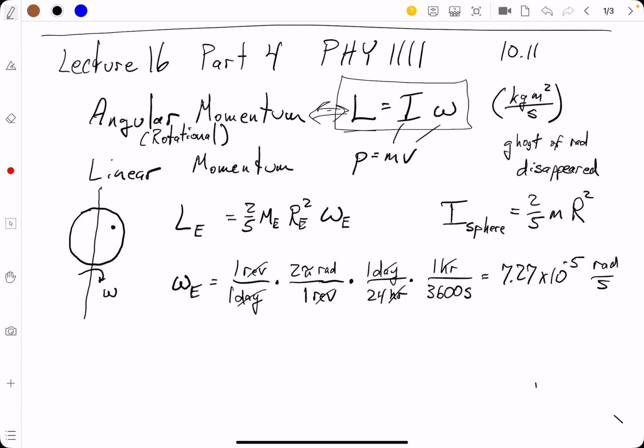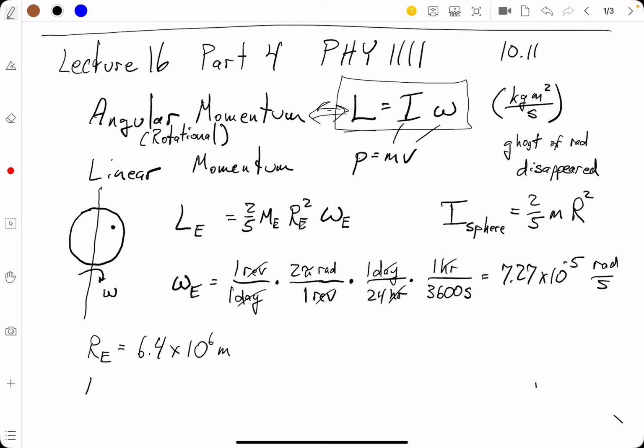So we don't know a couple of things. What else don't we know? The radius of the Earth. We've got to have that given to us, right? The radius of the Earth is roughly 6.4 times 10 to the 6 meters.